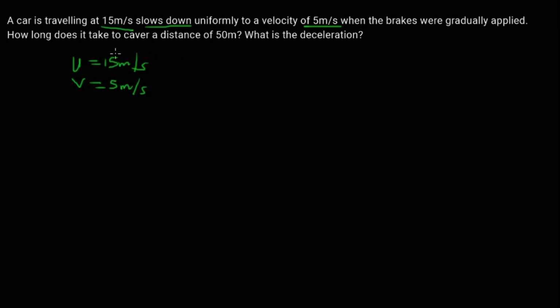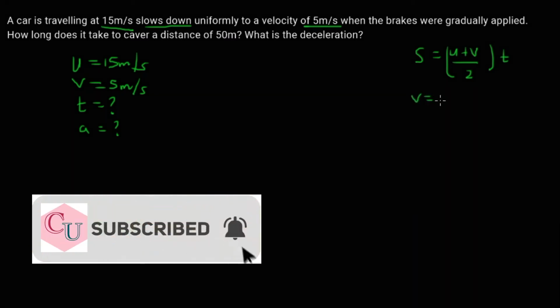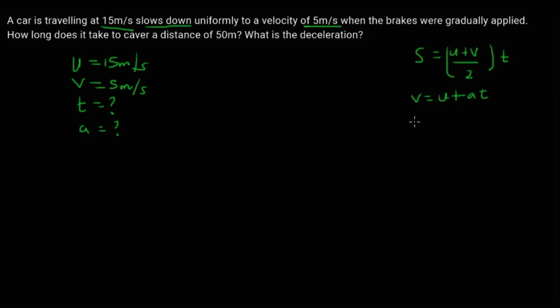Now, how long does it take? Then we need to find time t. What is the deceleration? We need to find a. The acceleration is the opposite of deceleration. Now the useful equations of motion are s equals (u plus v) upon 2 then t, also v equals u plus at, and then v squared equals u squared plus 2as, also s equals ut plus half at squared.